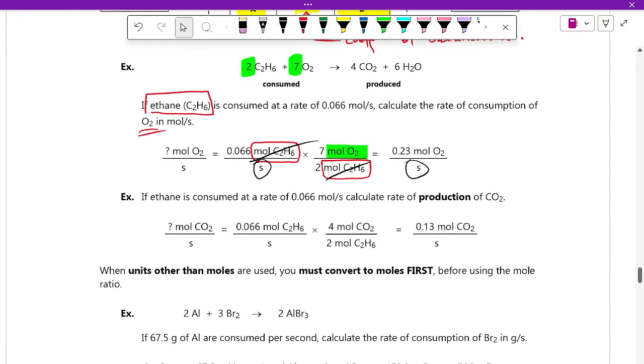All right. You cannot use the coefficients for anything other than mole to mole. You cannot say that we'll convert grams to grams. Do you remember this?